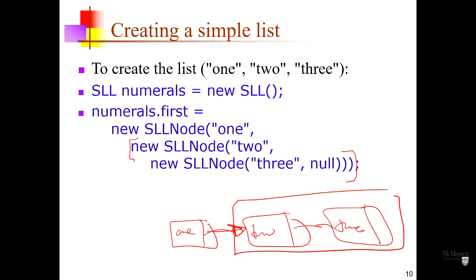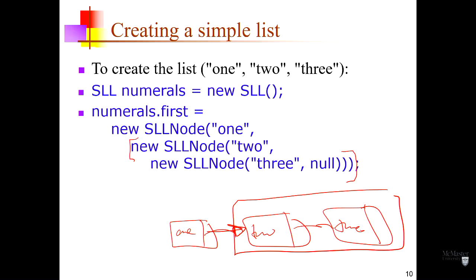Right? So here, this pointer or this reference is this thing between brackets. It has to have a value as well and a pointer. The value is 2, and the pointer is a node, which is the third one, right? Good?